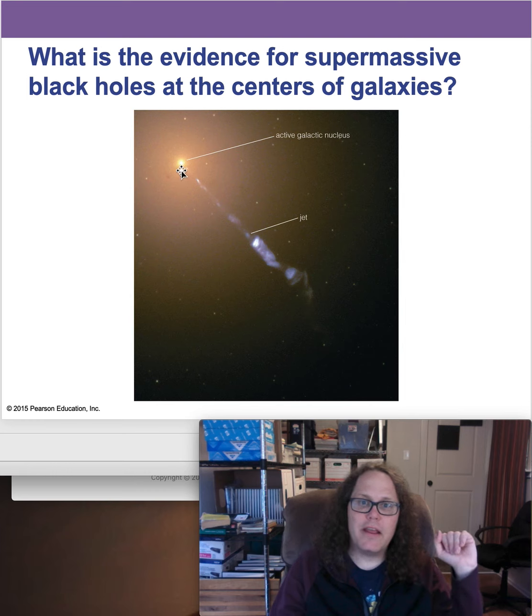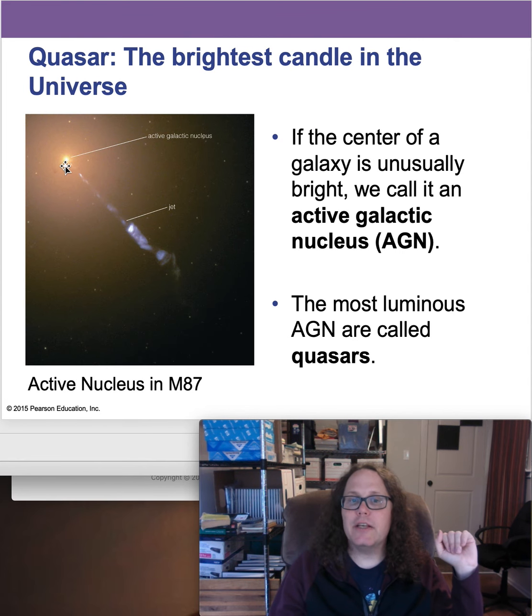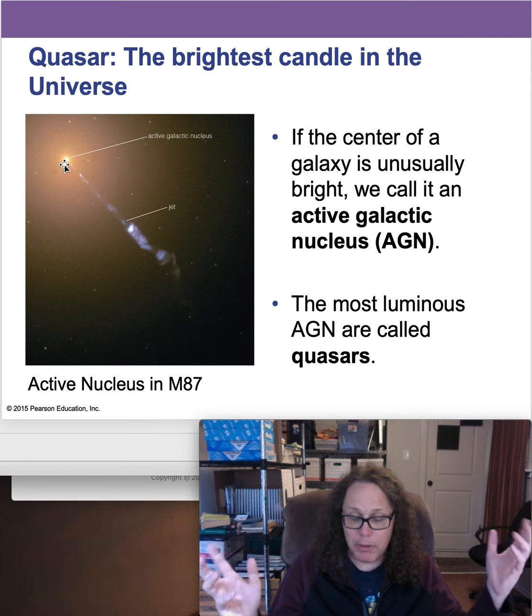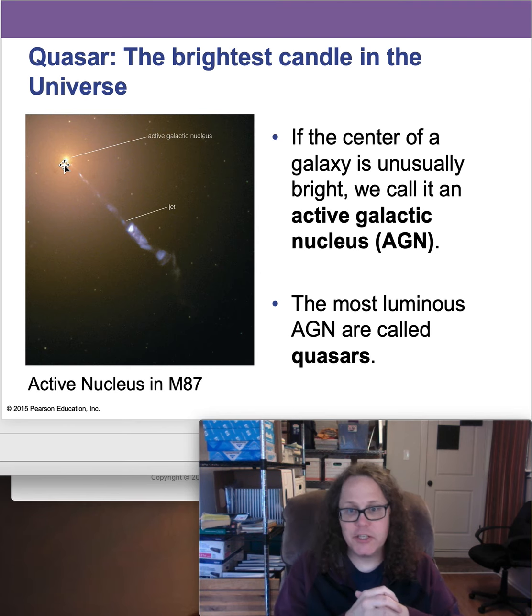What we're looking at here is an active galactic nucleus. It's very bright, and there is a jet of matter, of charged particles moving outward at nearly the speed of light. And the reason for that is what's powering this active galactic nucleus is a supermassive black hole, just like Sagittarius A star, though much, much more massive.